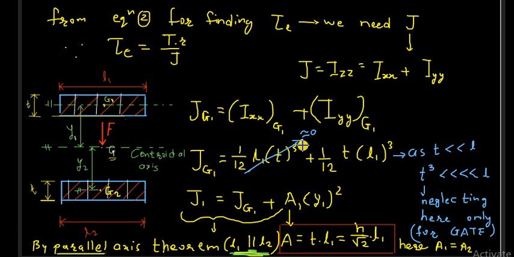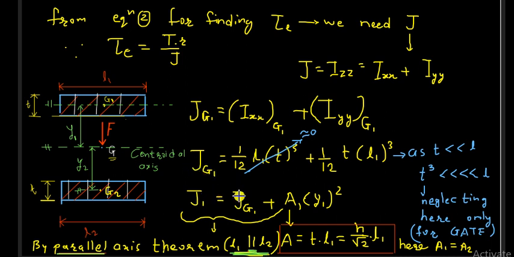You can even find it if you want. You can put the value and get the value of G1. So along the y axis, I will be 1 by 12 T into L1 cube. As L1 is greater than T, comparatively it is very large, so here we are not neglecting.